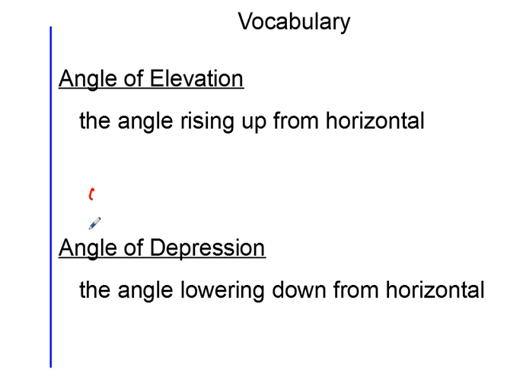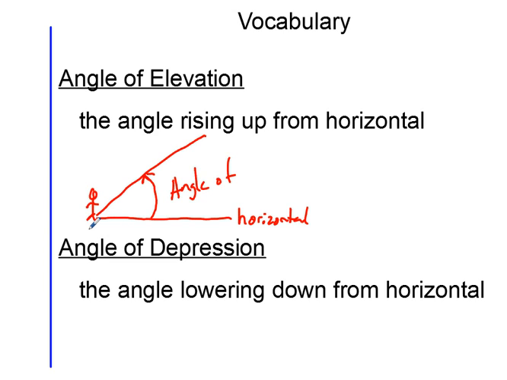So imagine you're standing on the ground and you're looking straight out. As your glance rises up and you're looking now up, this is what we call an angle of elevation. Again, it is made from looking horizontally and then looking up, rising your glance upwards towards the sky.